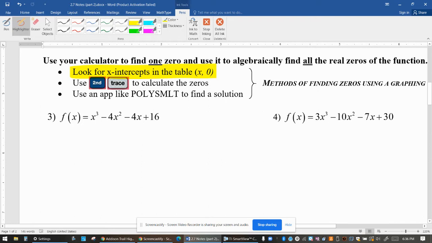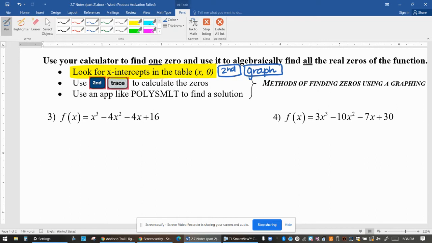So for this, you would push second, the second button, and then graph. That will take you to the table. Now, any ordered pair that has a value for x and a 0 for y is an x-intercept and thus a zero.